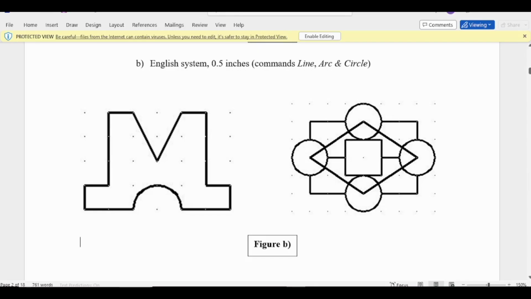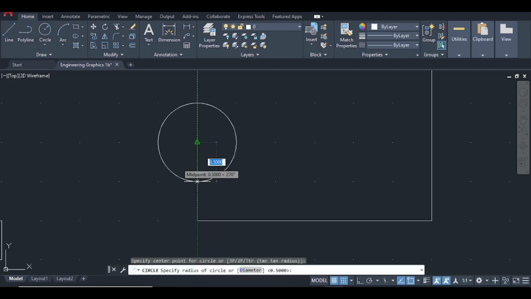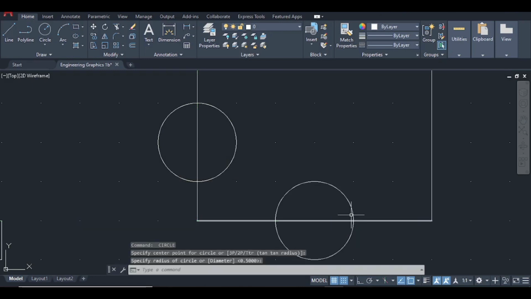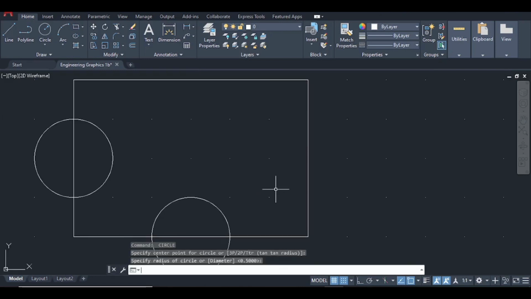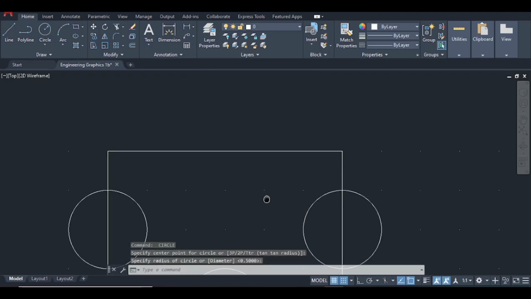And then there are circles at the midpoints of each line. And the radius is about 0.5 inches as well. So find the center, midpoint, point.